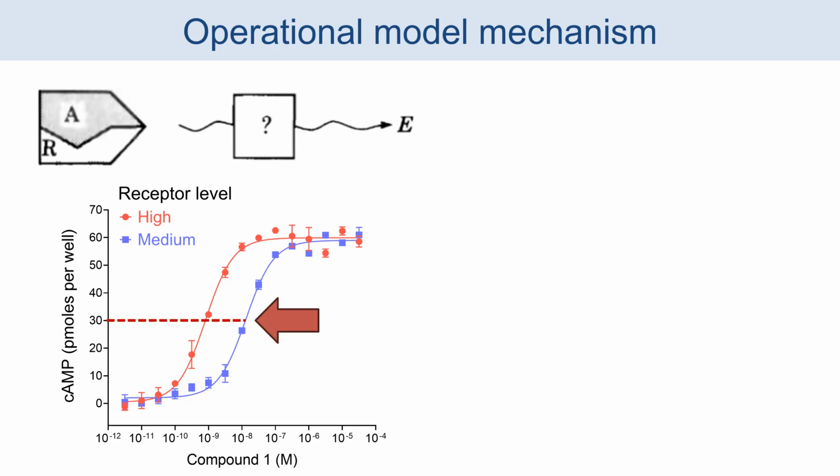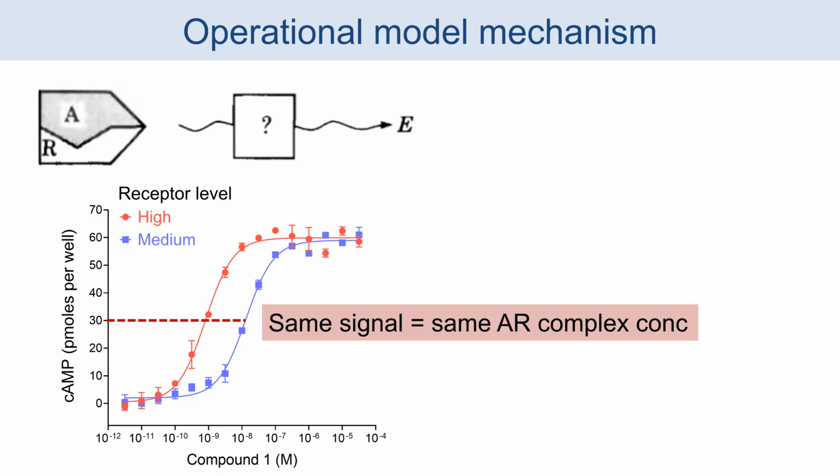Now let's look at a specific level of cyclic AMP signal here, at 30 picomoles of cyclic AMP per well. So here's the bit of logic we need to explain this. If we have the same level of signal in the two cell lines, then at this level of signal we must have the same concentration of agonist-receptor complex in the two assays here.